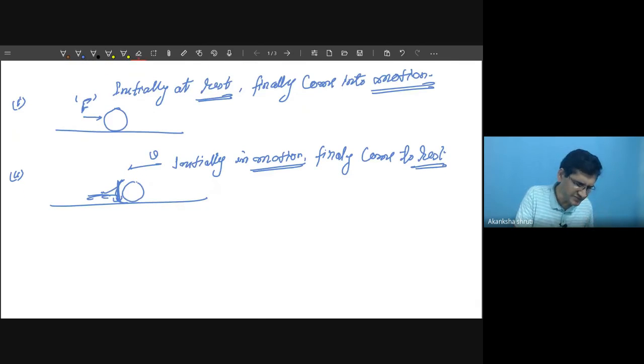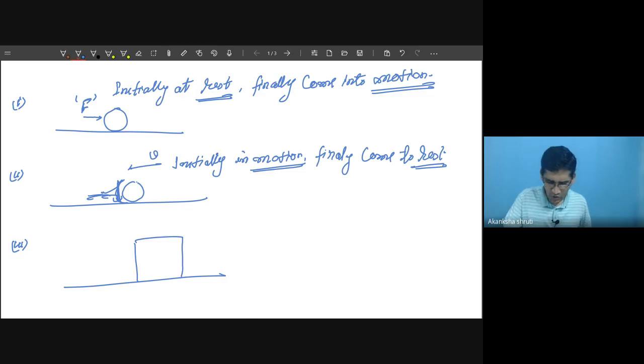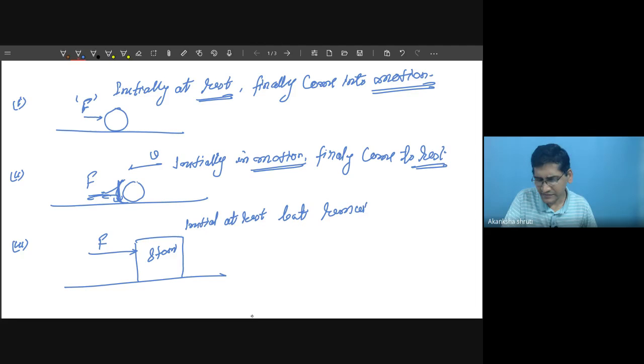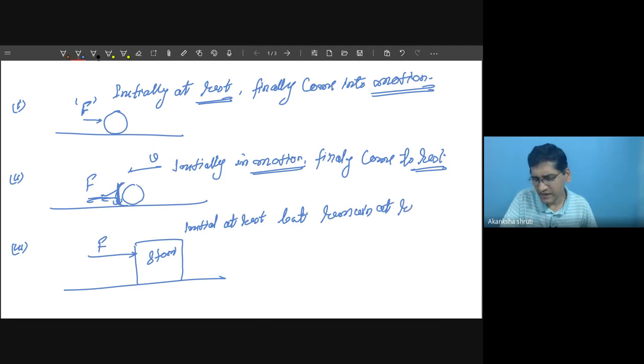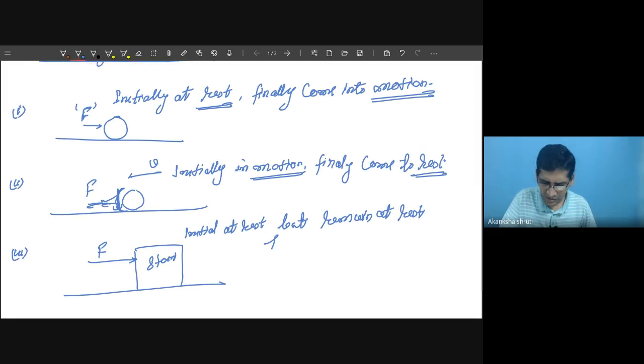And the second one represents the second kind of state change. Students, it is possible that there is a big block or a stone, and you are trying to push it, but initially at rest, on pushing it remains at rest, though pushed.